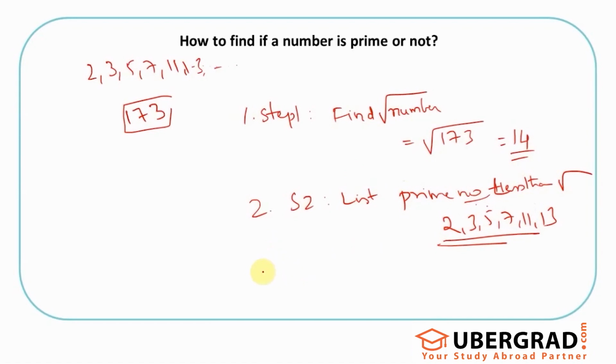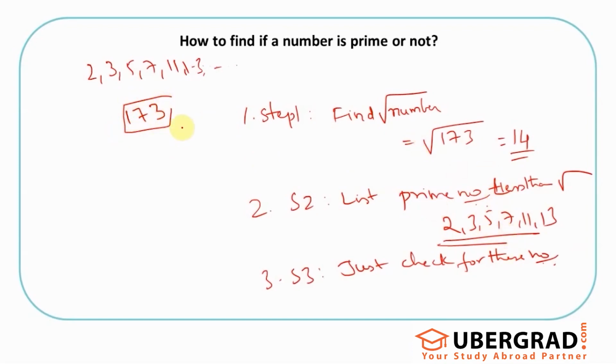Just check for these numbers, whether they can divide 173. 2 cannot divide 173. 3 also cannot. 5 obviously can't. For 7: 7 twos are 14, 33, 7 fours are 28, and the remainder is 5.